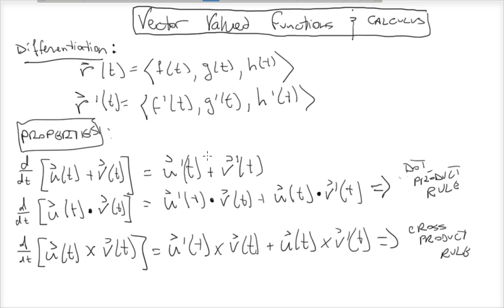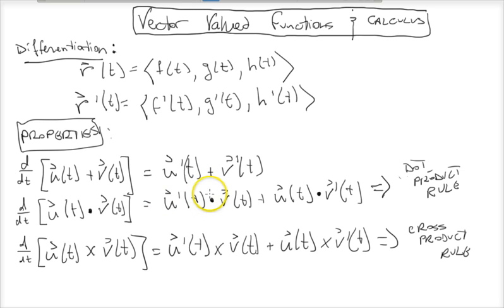Not anything new. However, if we're taking the derivative of the dot product between two vector-valued functions, you may think maybe there's some different property that holds here than the normal product rule. And really, it just ends up being the product rule, but instead of normal multiplication between two functions, it's the dot product.